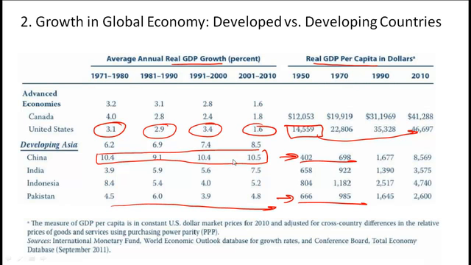So this tremendous double-digit growth rate in China has had a tremendous impact on the wealth of China. So notice that in 2010, the per capita GDP in China is approximately 3.5 times more than the per capita GDP in Pakistan.